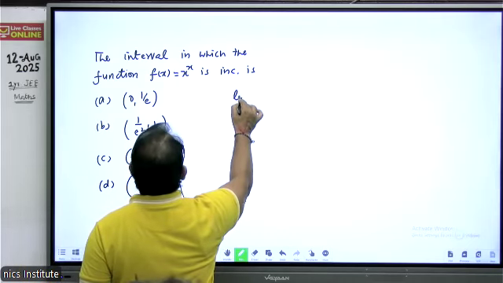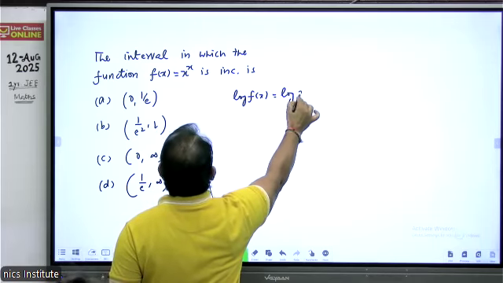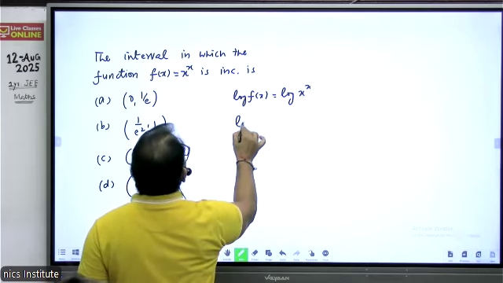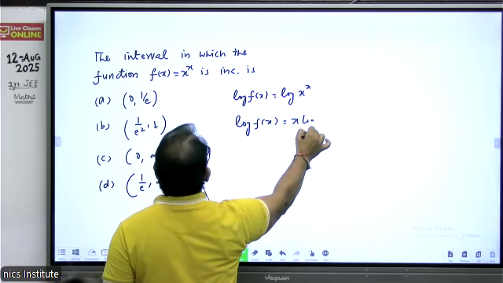So taking log will be log of f x. This would be log of x to the power x. So log of f x, and this is x log x.